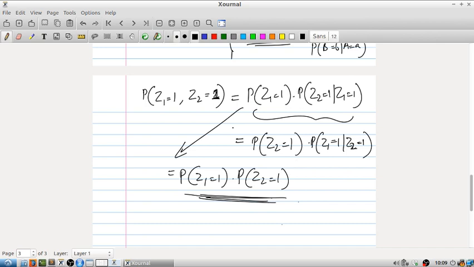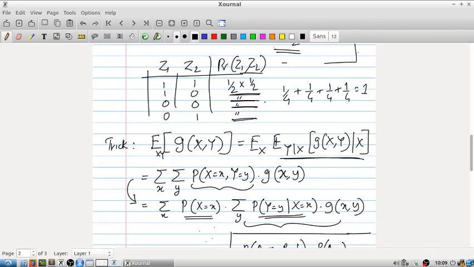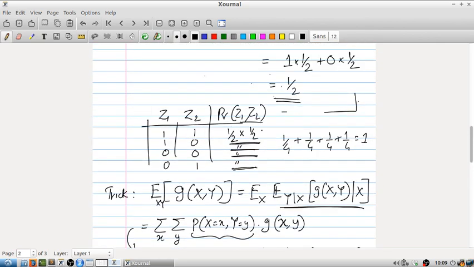Okay, and all I've done is fix the particular realization 1 and 1. In the example that I showed earlier, I did mention that they were independent. That's why I got these values as 1/2 times 1/2, because the first one takes value 1 with probability 1/2, and the second one takes value 1 with probability 1/2. Therefore, the probability that z1 takes value 1 and z2 takes value 1 is 1/2 times 1/2.